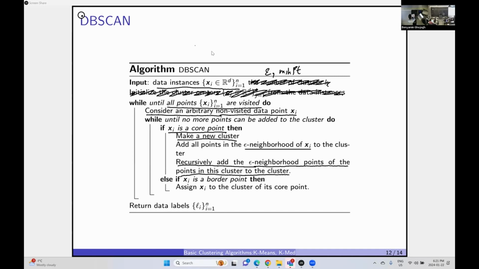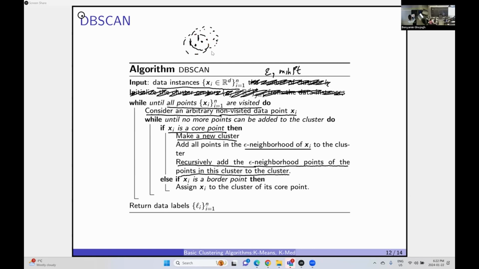So basically, what do I mean? Assume this is a core point. It has a lot of points in its neighborhood. Then this is a neighbor of this core point. Agree? So I say this belongs to cluster 1. This, as a result, also belongs to cluster 1. Then this itself has some epsilon neighborhood. If it is a core point, then I say its neighbors also belong to the same cluster.